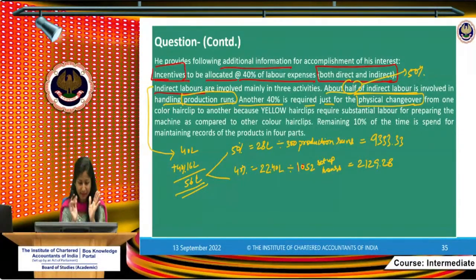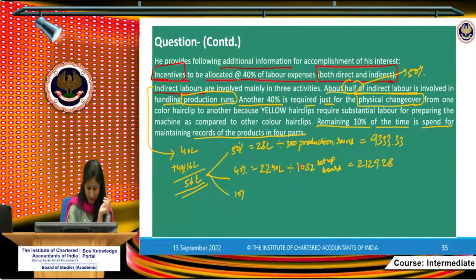Next, we have completed 50% and 40%, remaining is 10%. Let's see what is written for the 10% part. Another 40% is required just for the physical changeover, from one color to another. Remaining 10% of the time is spent maintaining records of the products in 4 parts. Remaining 10%, what are those? 5.6 lakh divided by 4 parts.